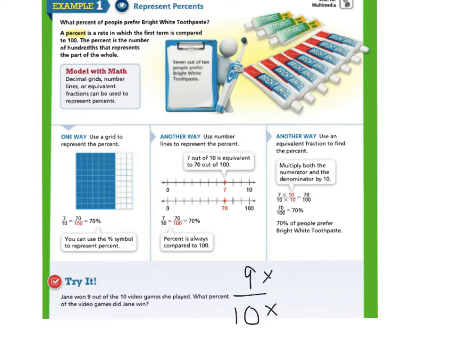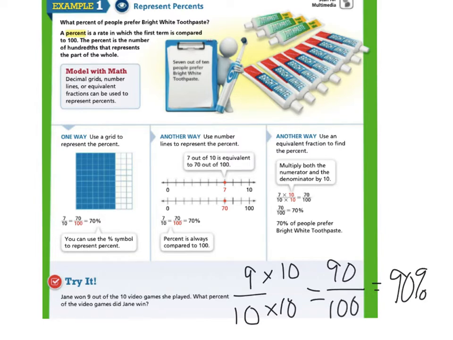So if I multiply both the top and the bottom by 10, my denominator is 100 and 9 times 10 is 90. Therefore, the percent would be 90%. Jane wins 90% of the video games.